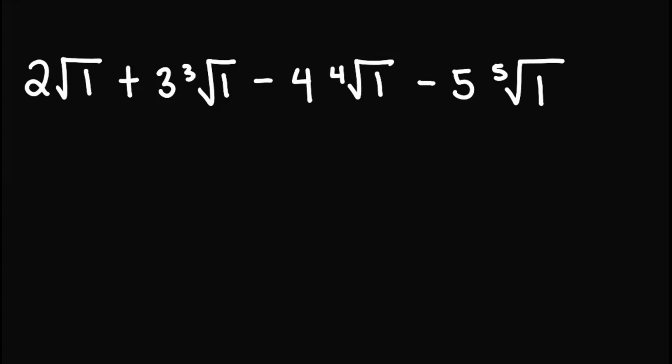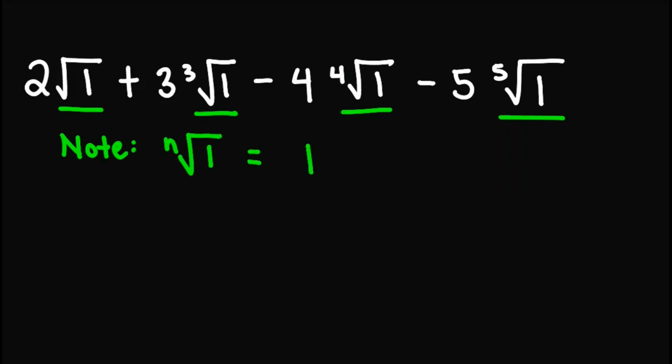Now at first, although it might seem that these radicals are not similar since their indices are different, but note that the nth root of 1 is equal to 1 raised to 1 over n, and we know that 1 raised to any number is still equal to 1.